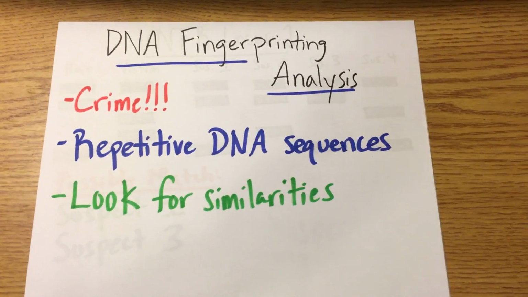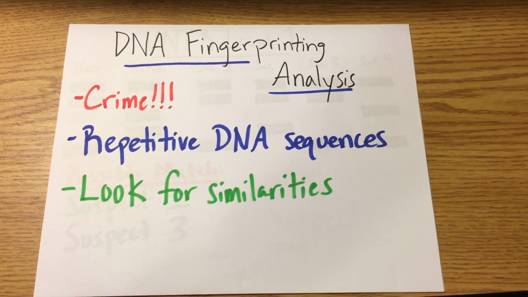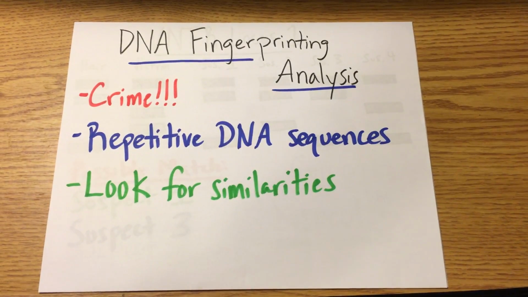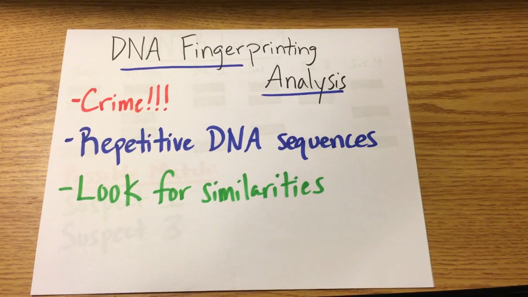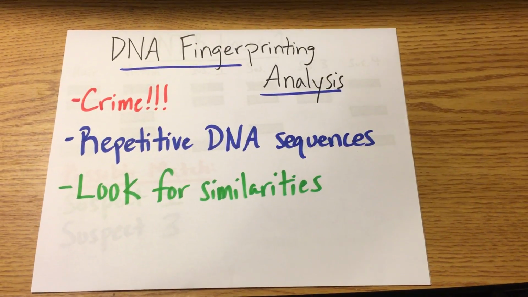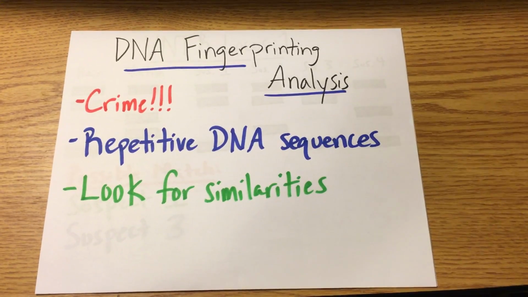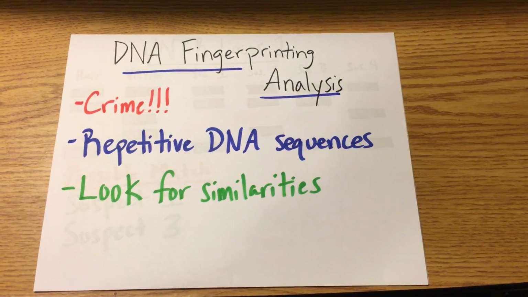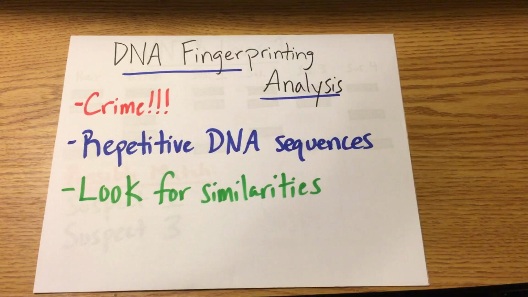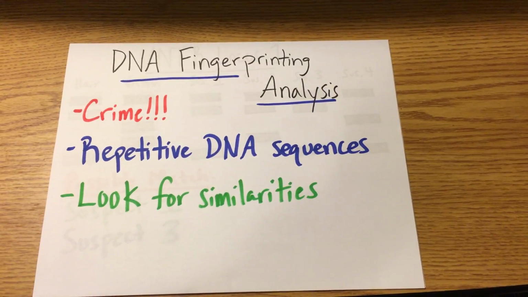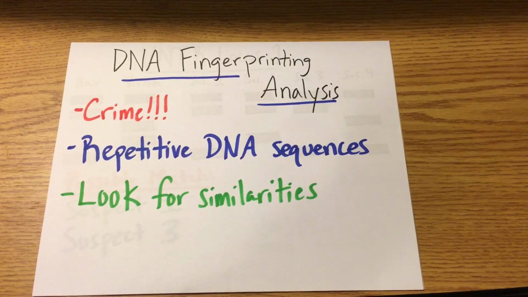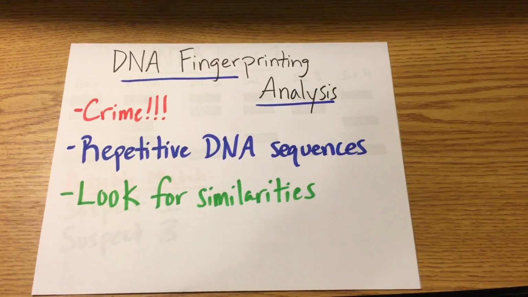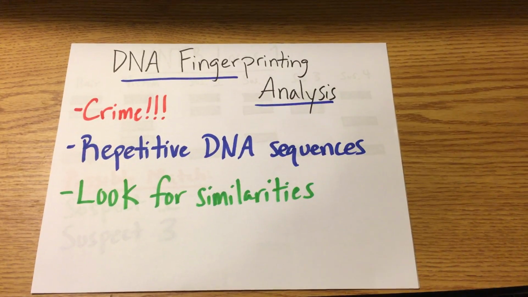DNA fingerprinting analysis is used heavily in forensics, which means it has to deal with crime and figuring out who done it. Once you have your DNA from the evidence left at the scene and DNA from the victims, suspects, etc., you can look for repetitive DNA sequences from those people's DNA, and you can run that through a machine, and it will place all of those parts of DNA on top of each other and give you a printout via the gels that we are about to look at.